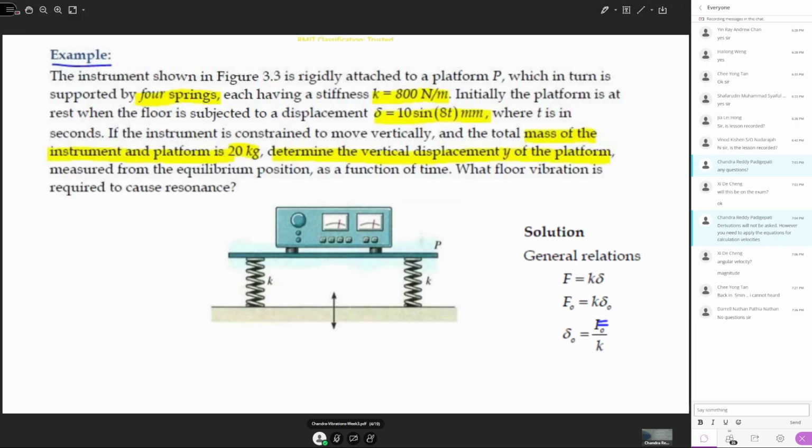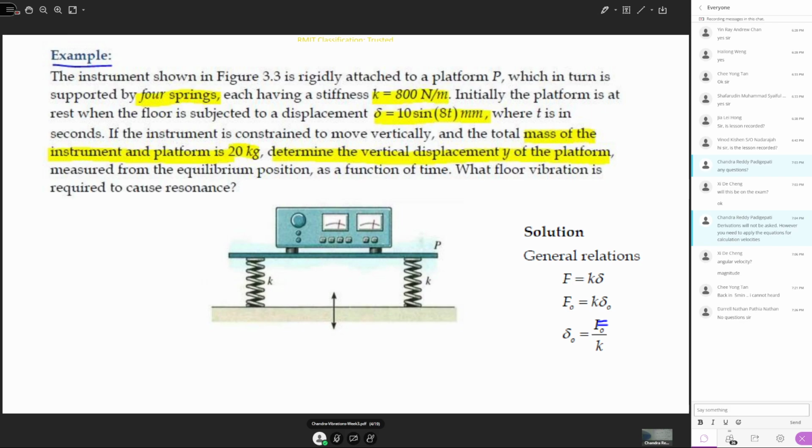Okay, Daryl. Then we move on to an example now. We try to look at an example related to the damped vibration with external force acting on it. Guys, go through the example, read it, then try to understand what is given there.